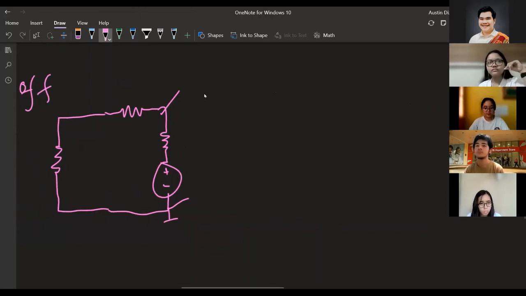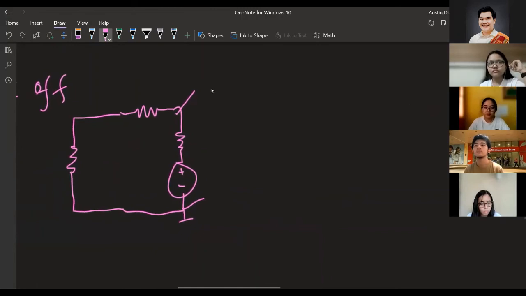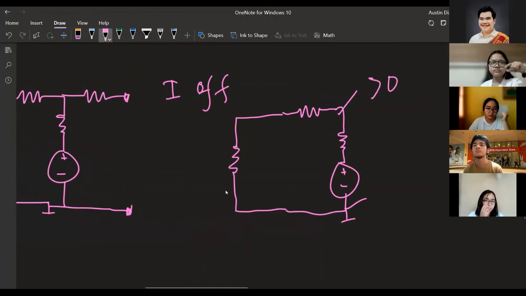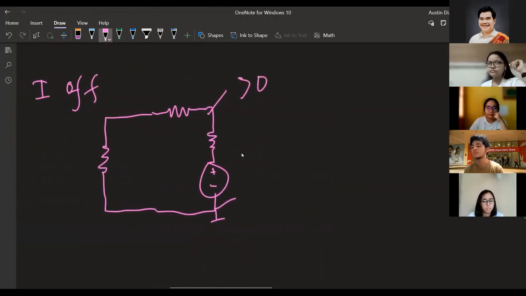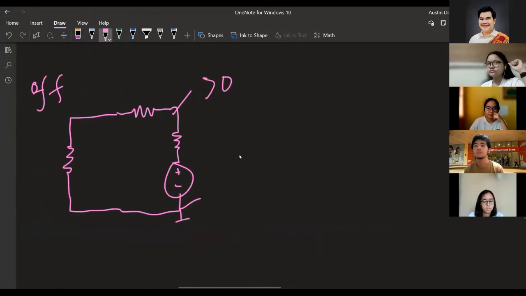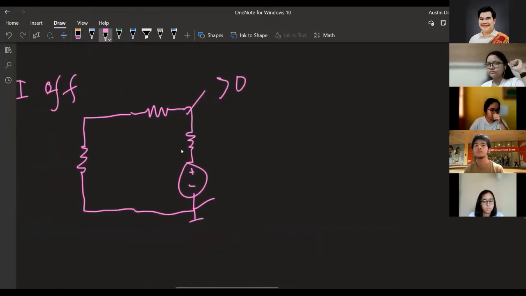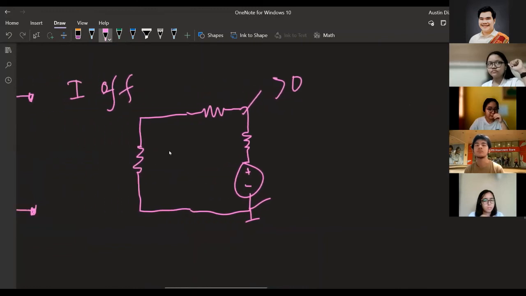Okay, di ba? Voltage divider lang siya nito. So that is something positive. So greater than 0. Okay. Tinitingnan ko lang, ina-analyze ko lang kung paano yung response. Hindi ko muna sinasolve yung actual values para hindi ako mahirapan.